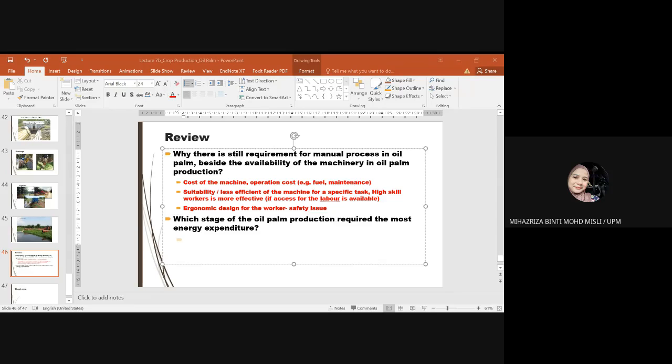Potong buah. Okay. Harvesting. Okay. What else? Culling. So here is nursery. Okay, where else? Pruning. Fertilization.